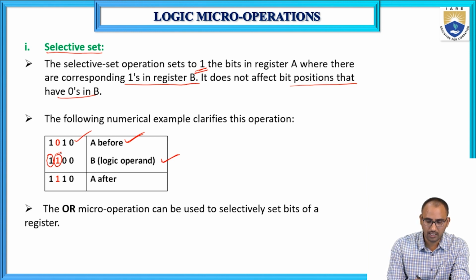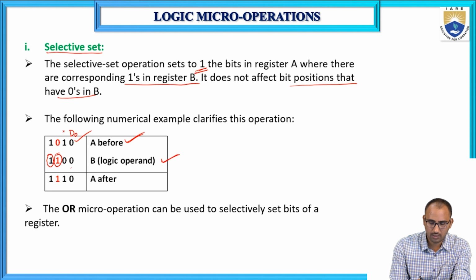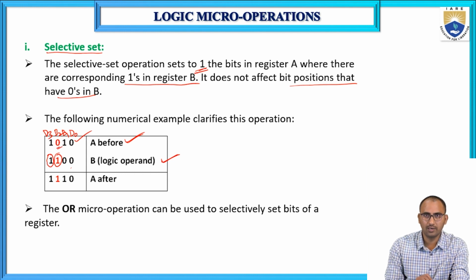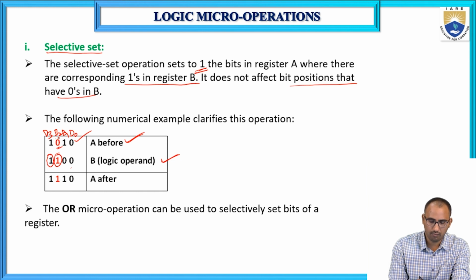If you consider the positions D0, D1, D2, D3, at the D2 position the corresponding bit in register A is 0. By using this selective set, we can make that D2 position logic 1, so it will become 1.